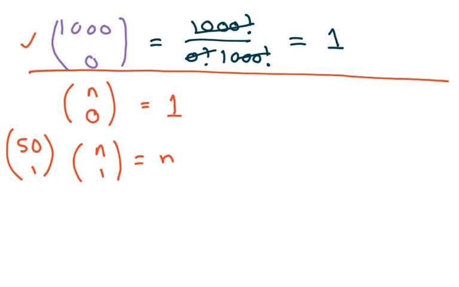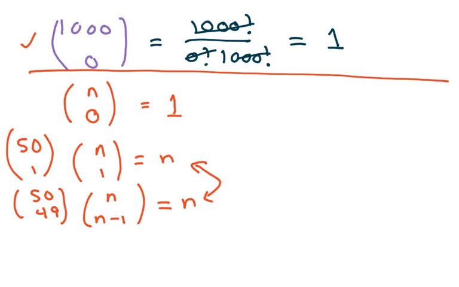So in this case, that would equal 50. The other one is nC(n minus 1), which also equals n. This would be the 50C49 that we did, so this one is also 50. Both of these are the same, because you're just switching around your j and your (n minus j) factorial.